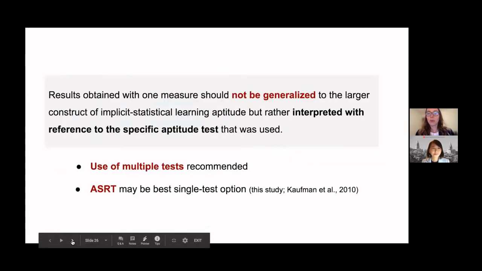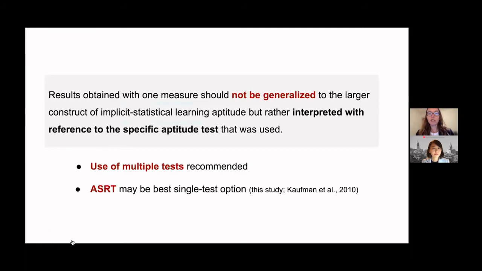So when it comes to the construct of implicit statistical learning aptitude, there is no strong evidence to suggest that it is a unitary mechanism, and thus results obtained with one measure should not be generalized to the construct at large, but rather interpreted with reference to the specific aptitude test that was used.